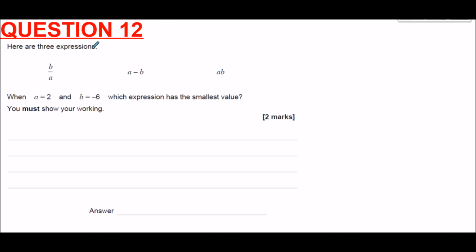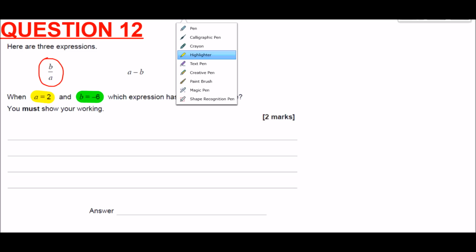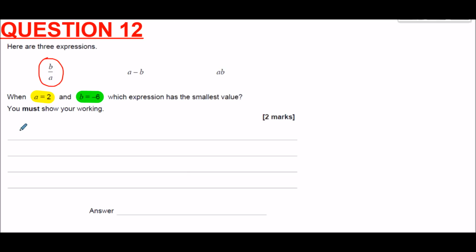Well, first of all, let's just take it one step at a time. Let's do b over a first. So we're told that a is going to be 2 and b is going to be minus 6. And so, just looking at b over a for a second. So, b over a means b divided by a.